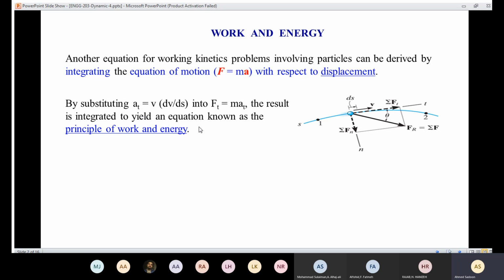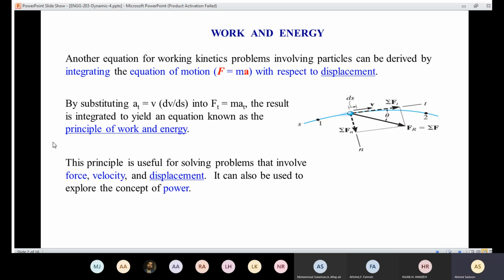Then if we integrate this, we are going to end up with the principle of work and energy. And this principle is useful for solving problems that involve force, velocity, and displacement, like I just mentioned. And also it can be used to explore the concept of power.